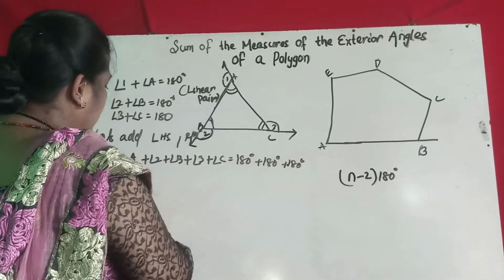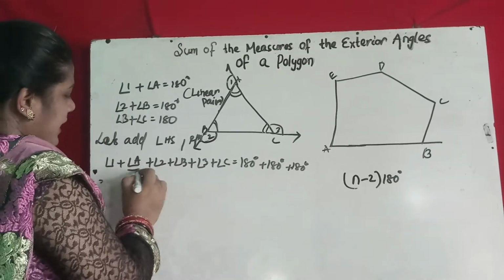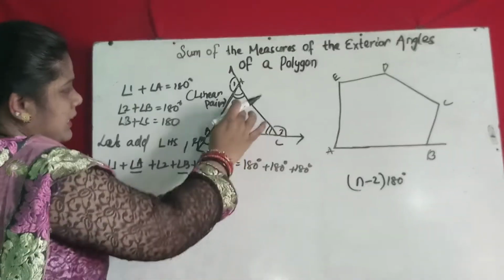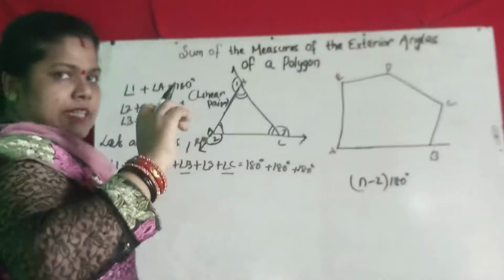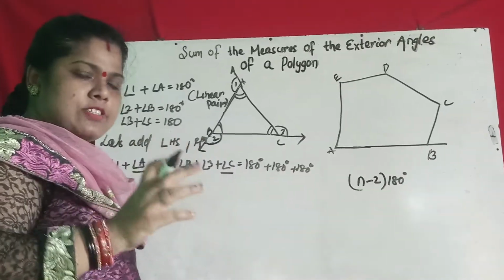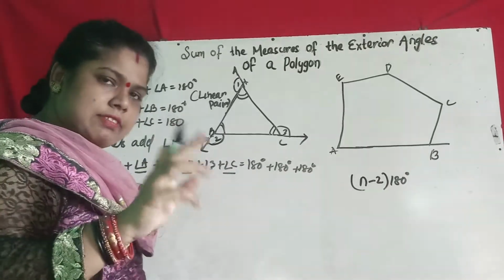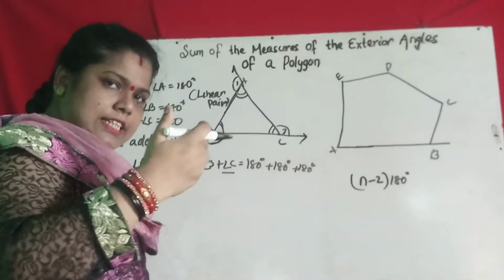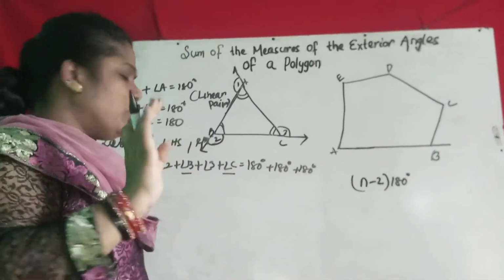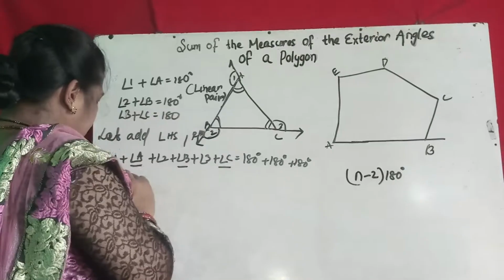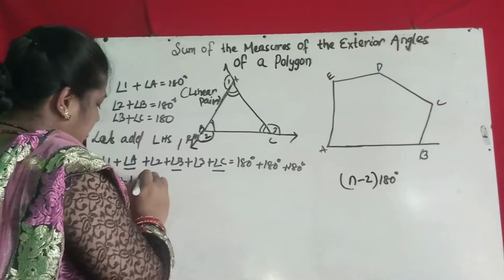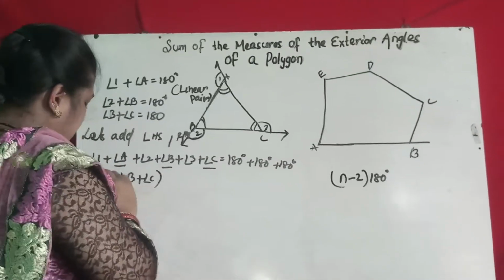Okay, so A, B, C is a triangle. Inside a triangle you know that the sum of the 3 angles is 180. In any triangle, the total of all inside angles is 180. You know it very well. So angle A plus angle B plus angle C, keep it in a bracket.